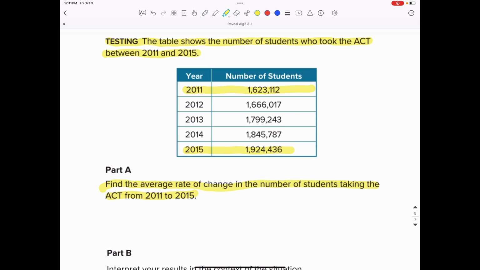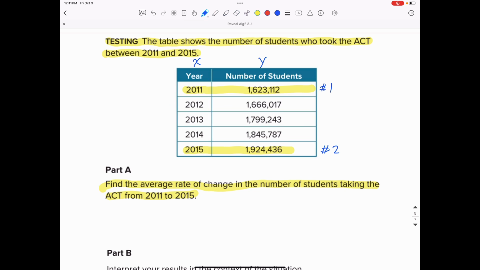It's not always the top and the bottom, but it just is in this case as it was in the previous case. So the number of students, since that's the second column, is your y value, and the year represents the x value. So I'm going to call the bottom my point number 2, and this will be my ordered pair point number 1.